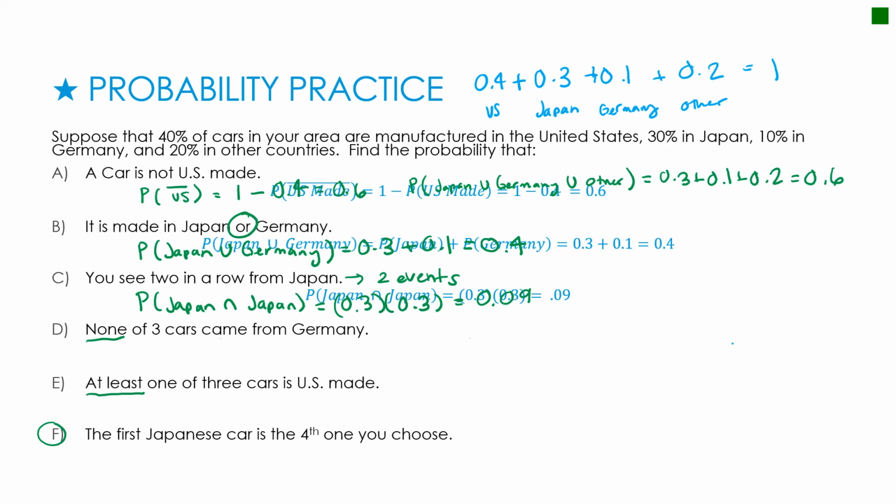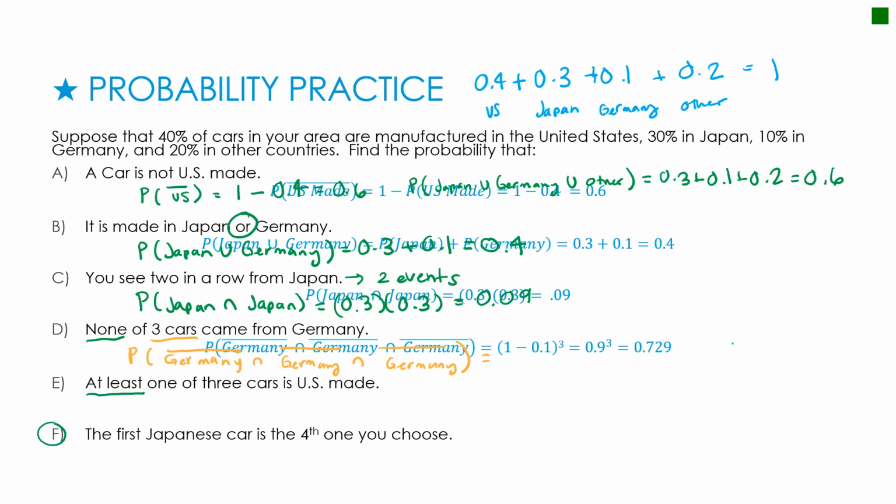The first one is none of the 3 cars came from Germany. So we're looking at 3 cars, which means 3 events. And so I'm going to say the probability of not Germany and not Germany and not Germany. Because all of these probabilities are the same, I can basically take it to the 3rd power.